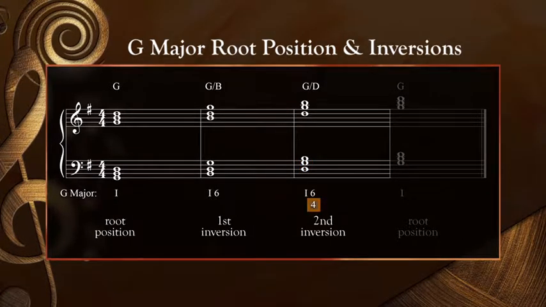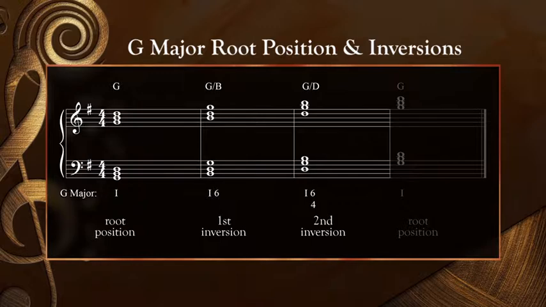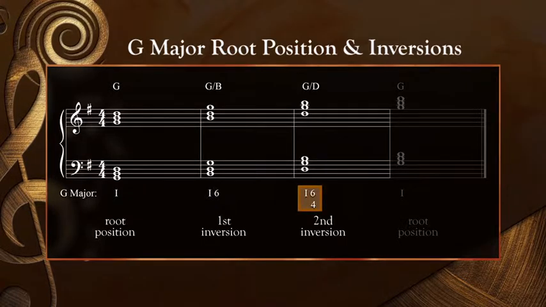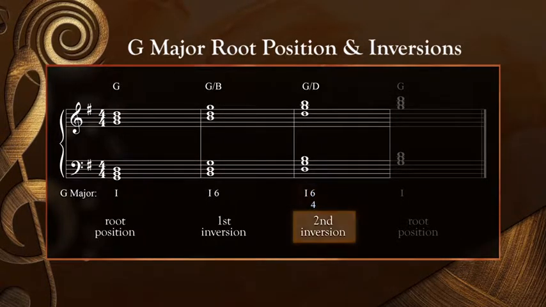The 4 for this figured bass goes directly below the sixth, but we do not use a slash when using Roman numerals, so it should not look like a fraction. Thus, we call the second inversion chord a 1-6-4 chord. Whenever you see a 6-4 after a Roman numeral, you know it's a second inversion chord.